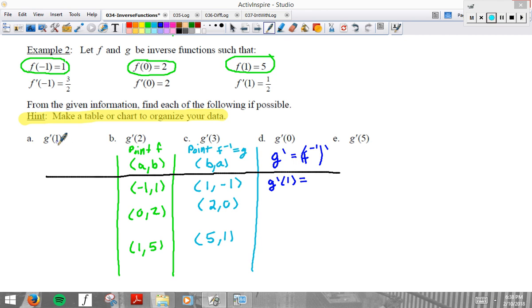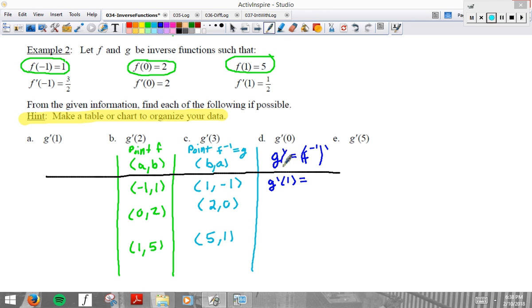So we can figure out who that is. To go back, we would go through this row. To find g prime of 1, I would ask myself, which is the y coordinate I had, because that would be the right x coordinate.